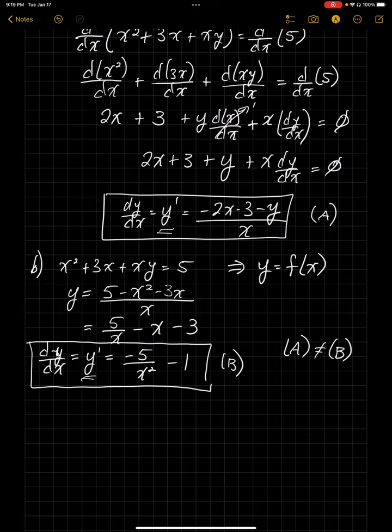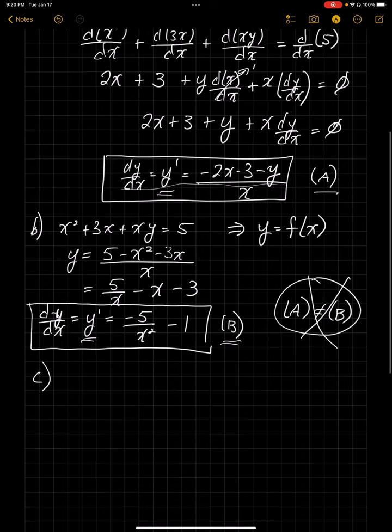Y prime is equal to negative 2x minus 3 minus y over x for expression A. Likewise, y prime, the same y prime, is equal to negative 5 over x squared minus 1 for expression B. So in order to verify, and of course this statement is not true, the two are in fact equal, and we're going to show that right now, and this is what part C is.